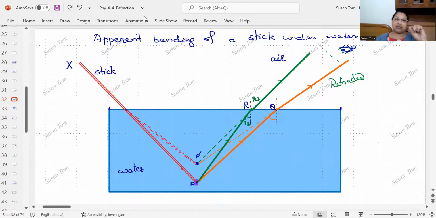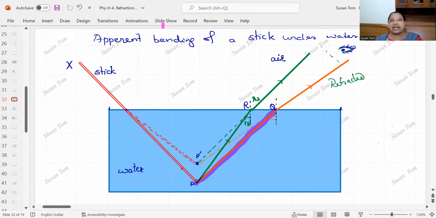Obtaining a point object's image and an extended object's image you have drawn and learned also. So minimum two rays are needed. Only then, when the refracted rays produced backwards intersect, can we obtain the image formation, the point. So one of the rays you are taking obliquely to the surface, PQ, is one of the rays beginning from the tip of the stick underwater.